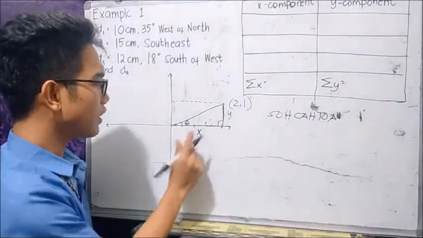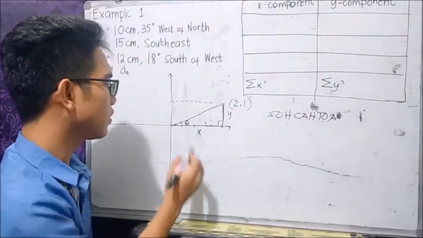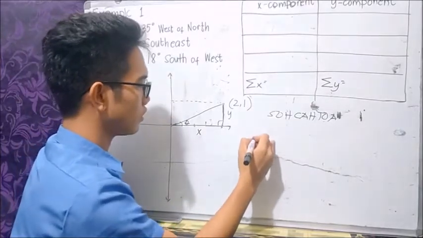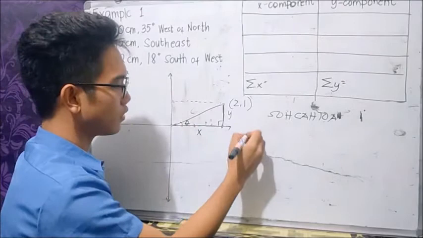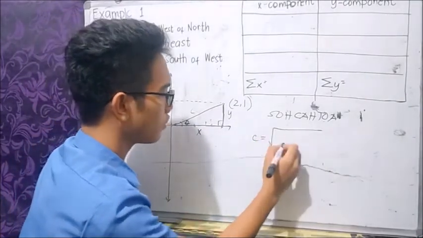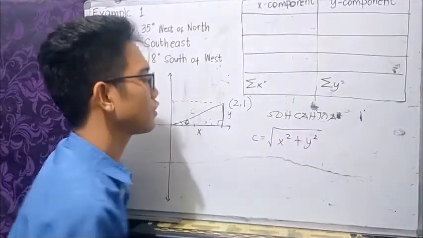And another one, according to the Pythagorean theorem, let us call this side c. So c is equal to the square root of x squared plus y squared.